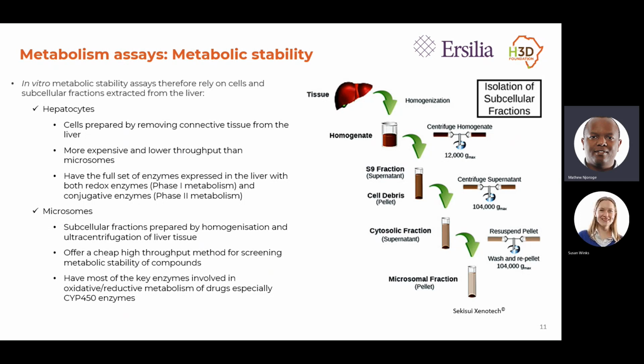Depending on what we want to study, there are many different fractions we can use, but microsomes tend to be the most relevant in the drug discovery setting. And that's because they contain most of the cytochrome P450 enzymes that mediate the redox metabolism that constitutes most of the metabolism that drugs do.